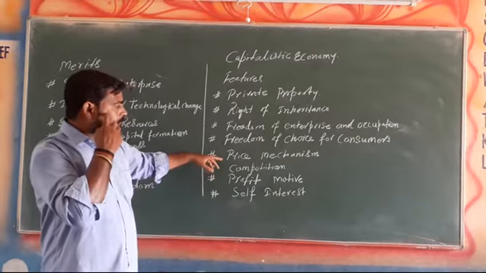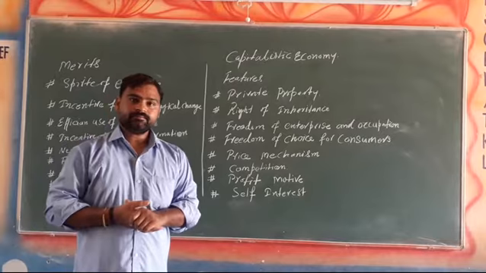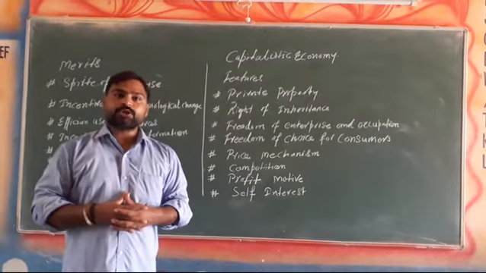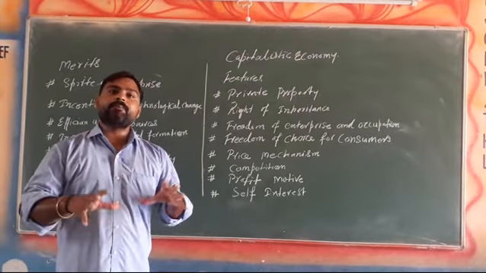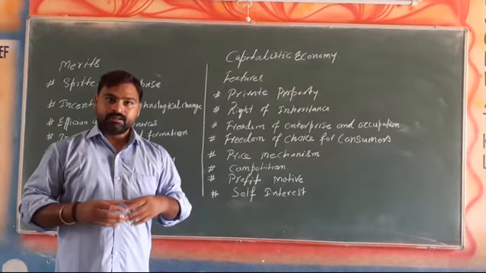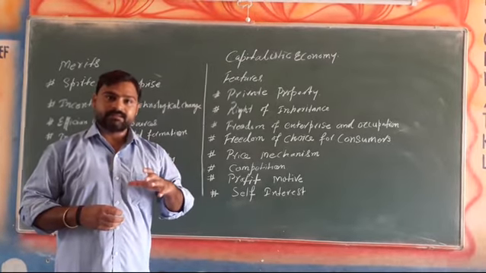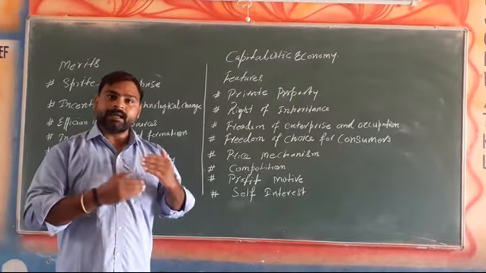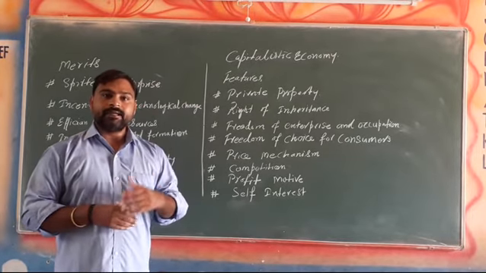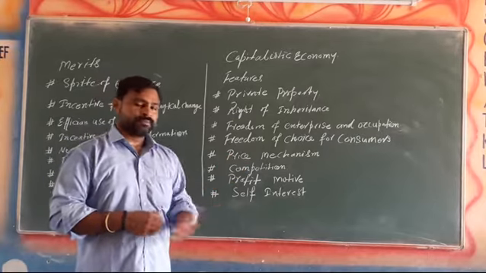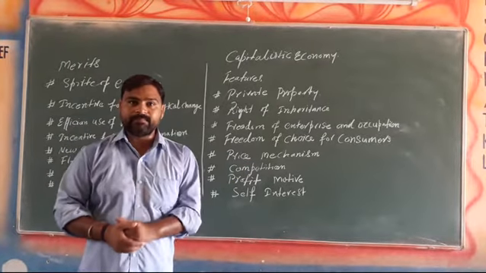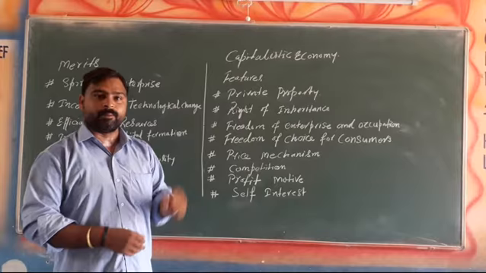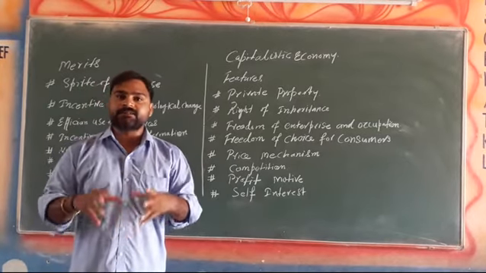Another one is price mechanism. In a capitalist economy, where there are so many producers, the price is determined by the force of demand and supply, which is known as price mechanism. So the price in a competitive market or in a capitalist economy is determined by the price mechanism.